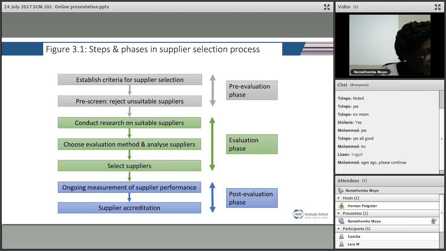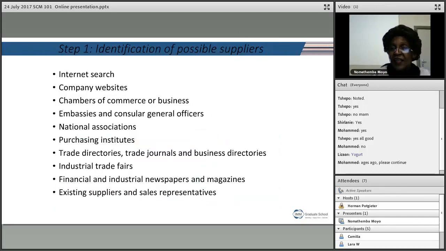So this is called the post-evaluation phase, which is ongoing measurement of supplier performance and supplier accreditation. You have to accredit them, to identify the ones that you consider most preferred, the ones that follow, and the ones that are not that good.